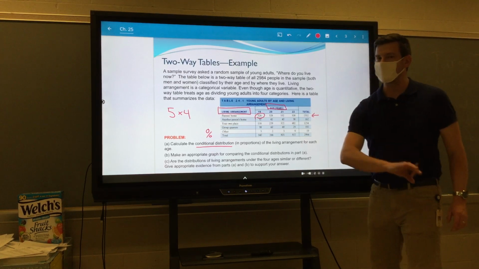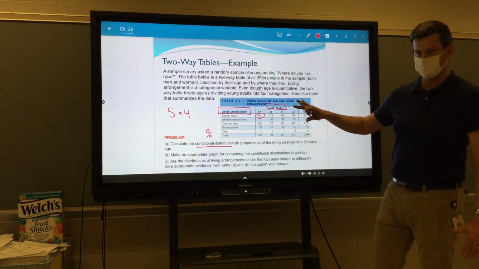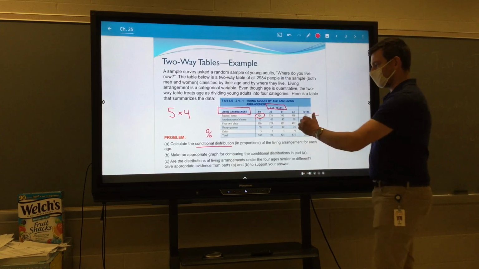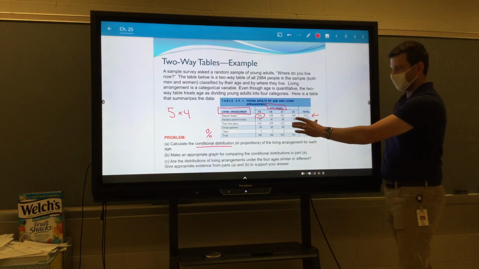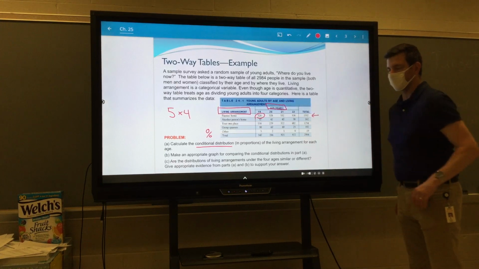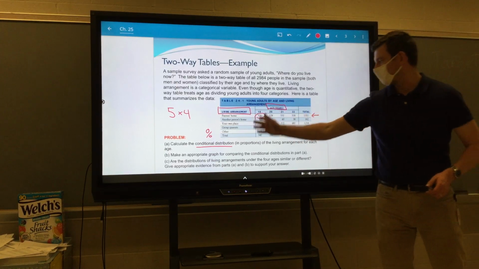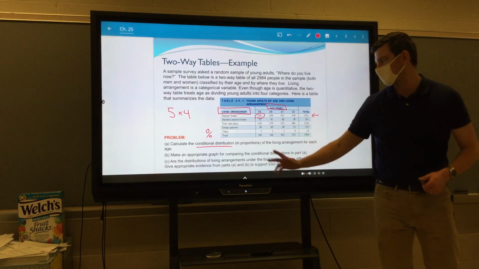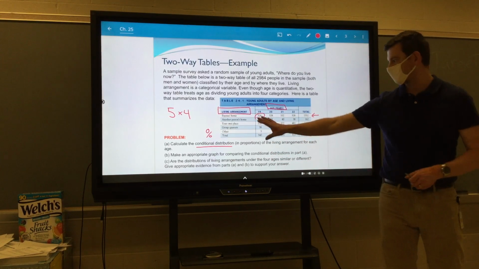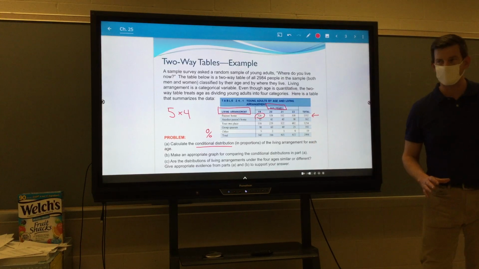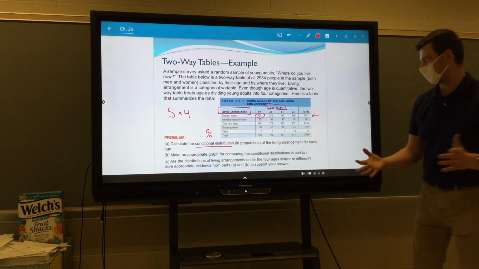That is a little bit less relevant in this case, because you're just looking at all of the people who live in their parents' home and how they fall into those four categories. That statistic is a little less relevant than the percentage of the 19-year-olds, because this could be extrapolated to the larger population, hopefully.